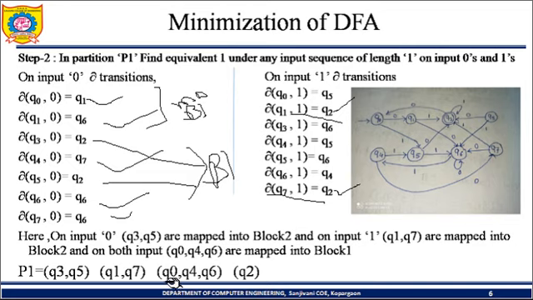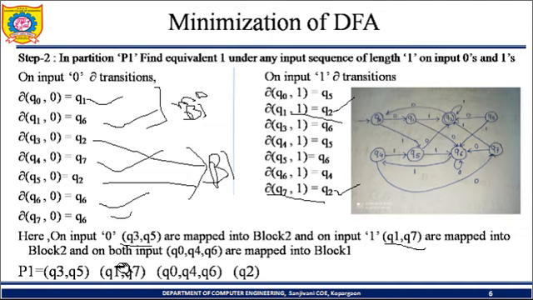That's why on input 1 Q1 and Q7 are different, mapped into block 2, and on input 0 Q3 and Q5 are mapped into block 2. So on input 0 Q3 and Q5 are different than all remaining states, and on input 1 Q1 and Q7 are different than the remaining states such as Q0, 3, 4, 5 and 6.